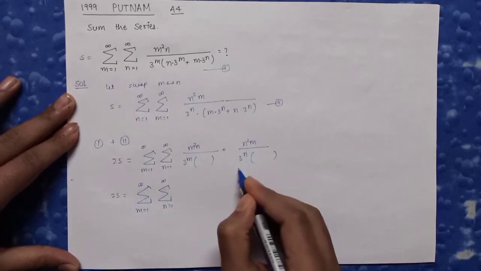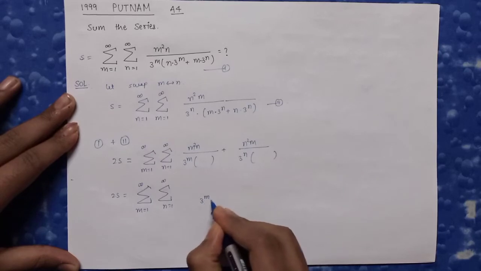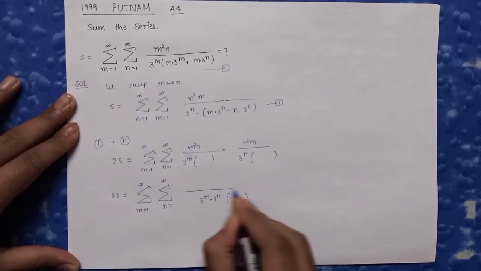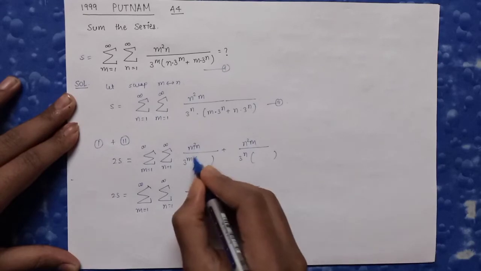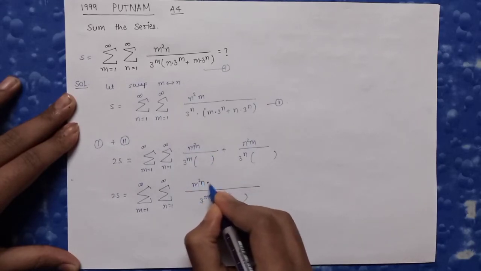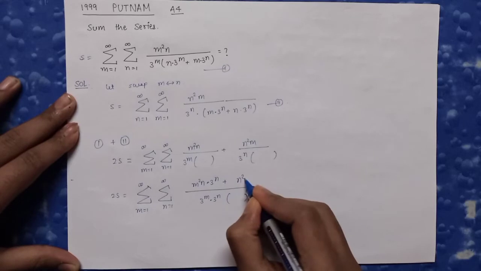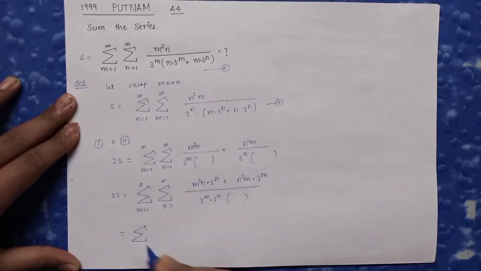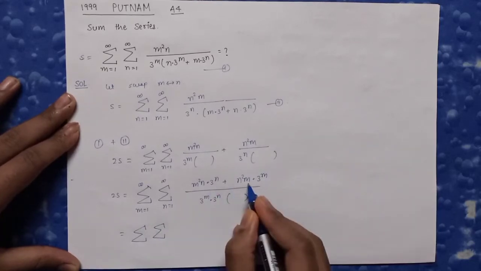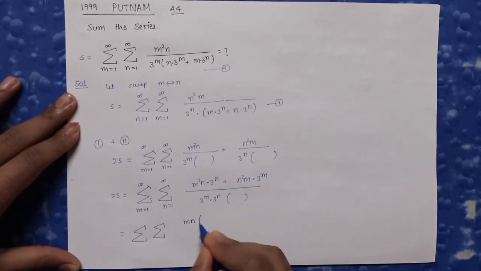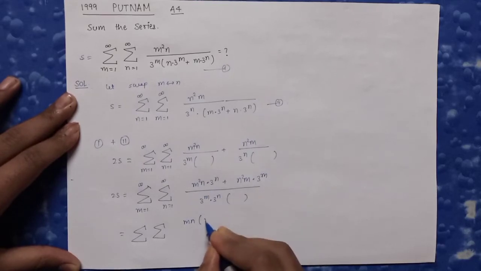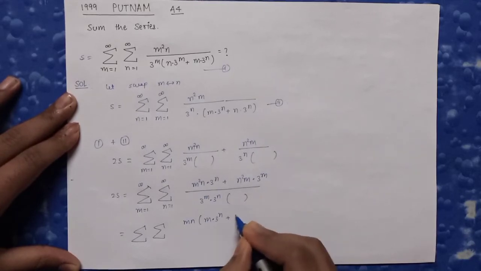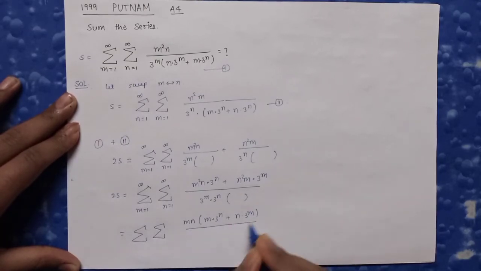If I take the LCM, I get 3 raised to power m multiplied by 3 raised to power n, and this bracket term, with the numerator m square n multiplied by 3 raised to power n plus n square m multiplied by 3 raised to power m. Now if I take mn common outside, I get m multiplied by 3 raised to power n plus n multiplied by 3 raised to power m, divided by 3 power m multiplied by 3 power n, and this bracket once again.